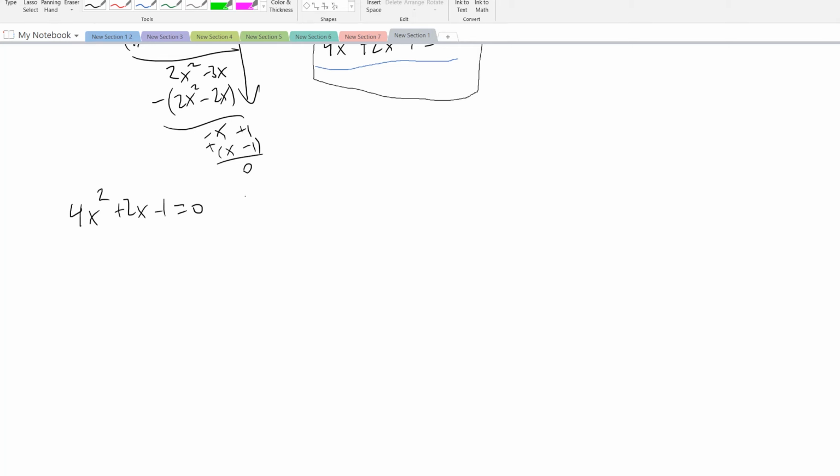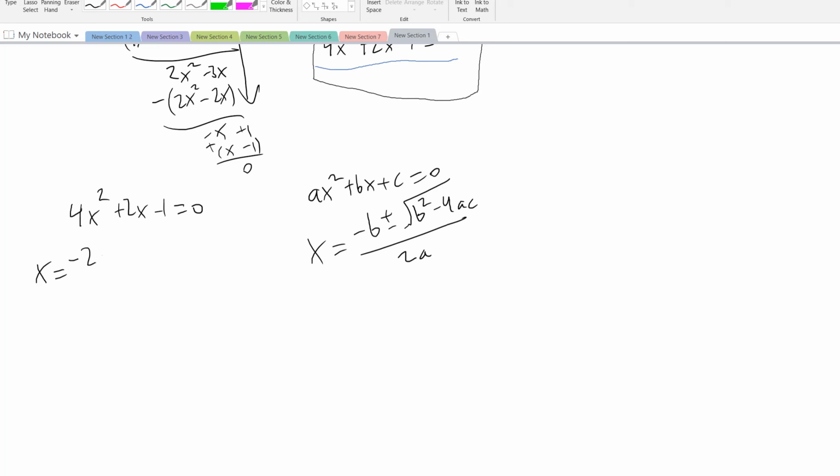Just as a reminder, if you have ax squared plus bx plus c equals 0, your solutions are going to be of this form. So we're going to apply that here.